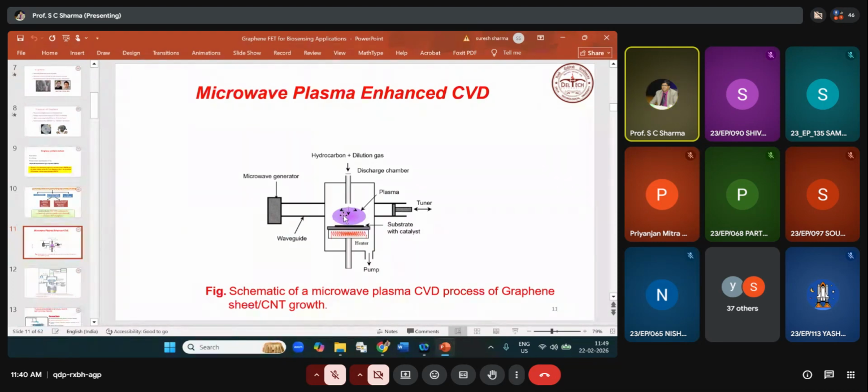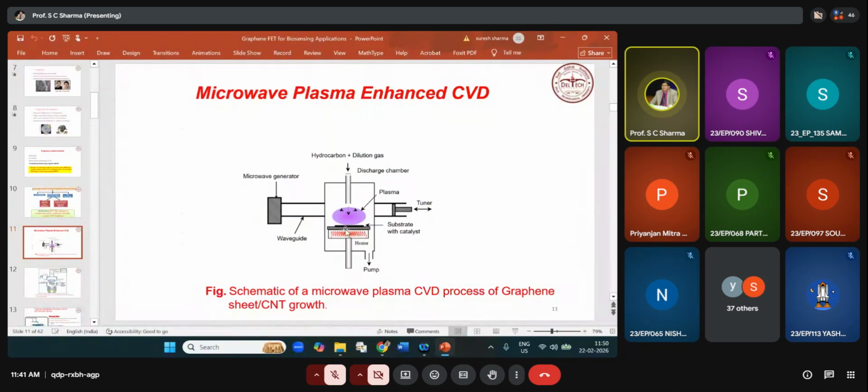For example, nitrogen plasma or ammonia plasma. Expose the nano size film in the presence of plasma. This is the substrate with catalyst.